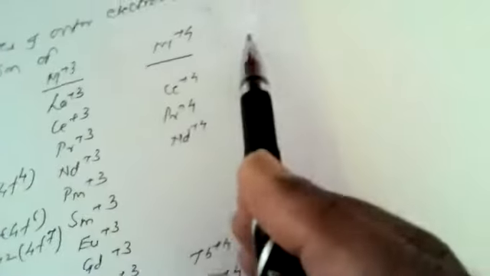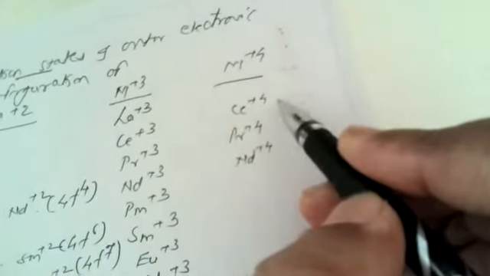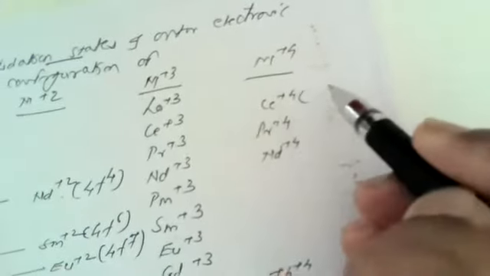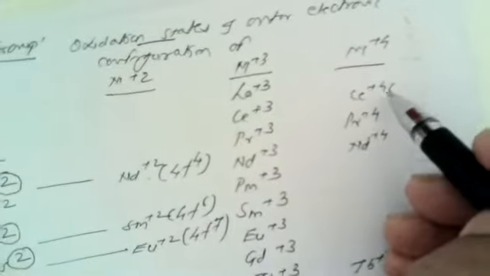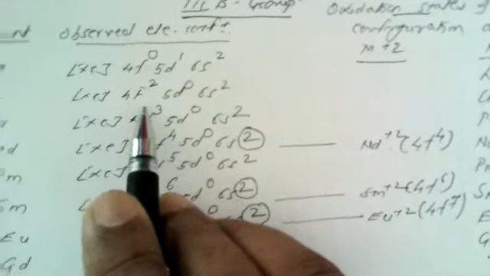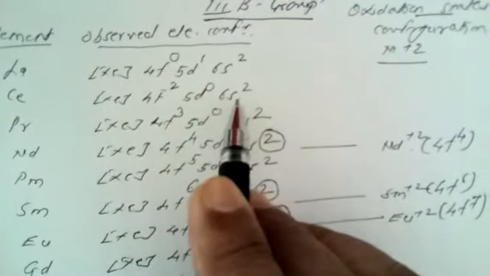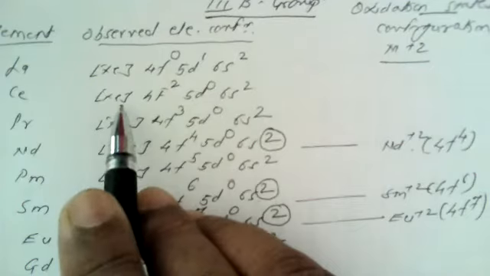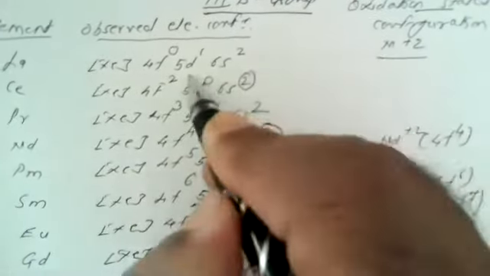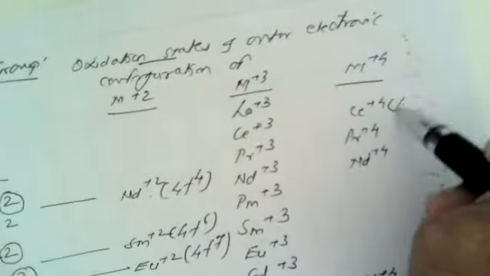Now come to the highest oxidation state, cerium. In terms of outermost electron configuration, cerium has 4f2, 5d0 and 6s2. So, if cerium has to show plus 4 oxidation state, then it has to lose these 4 electrons. So, what is remaining after loss of electrons?